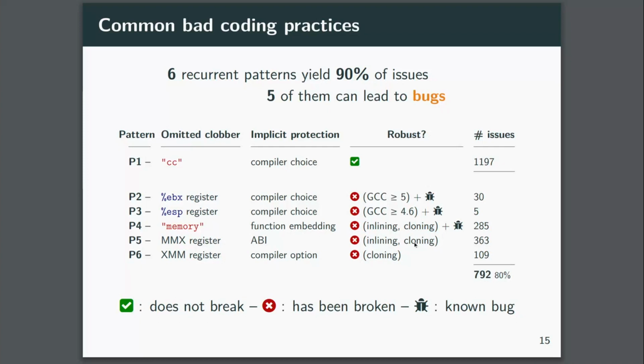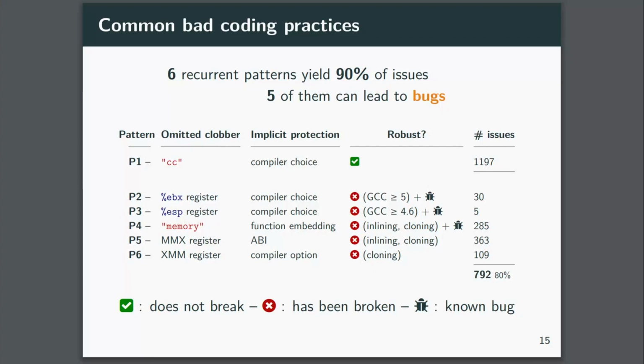For instance, these patterns are: omitting the flags register inside the clobbers, using EBX without defining it in the clobbers, the same with the ESP register.